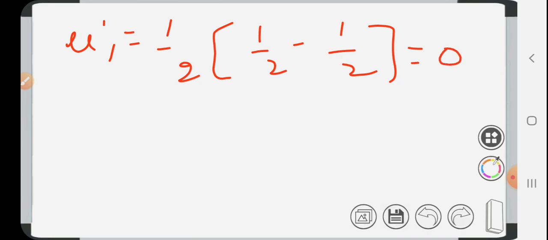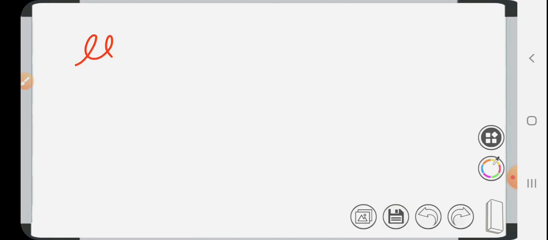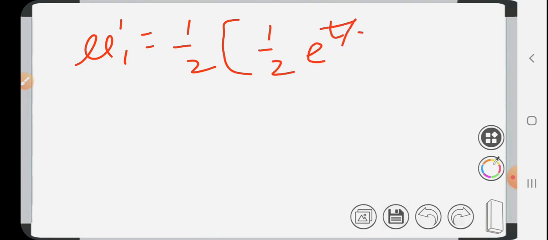Now whatever mu1 dash expression you get, again differentiate it with respect to t. In the first derivative you got 1 by 2 in bracket 1 by 2 e raised to t by 2 minus 1 by 2 e raised to minus t by 2.